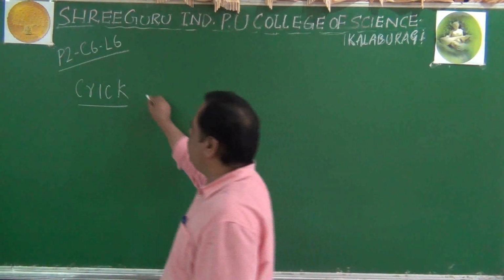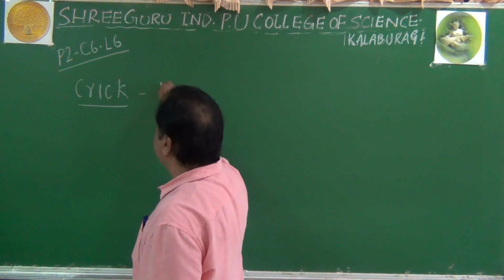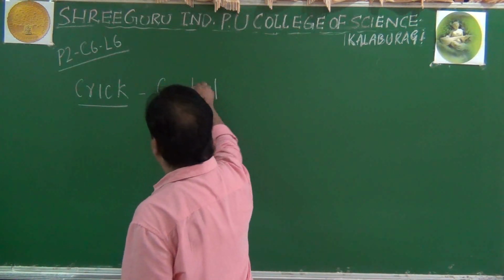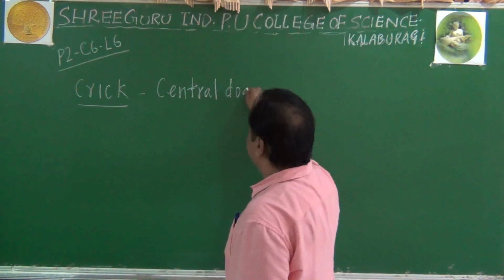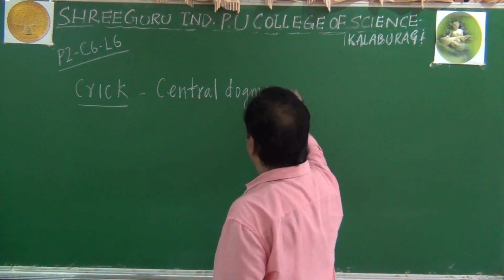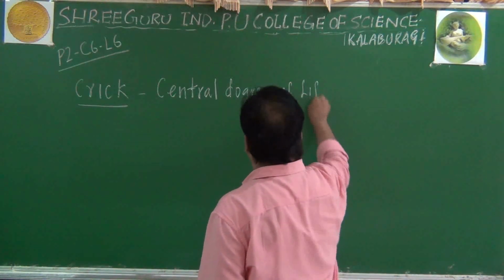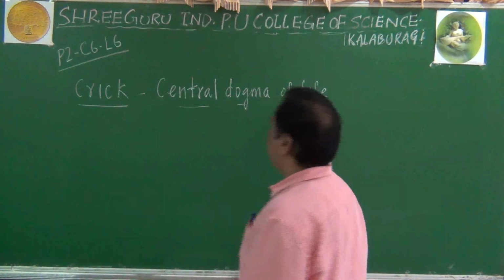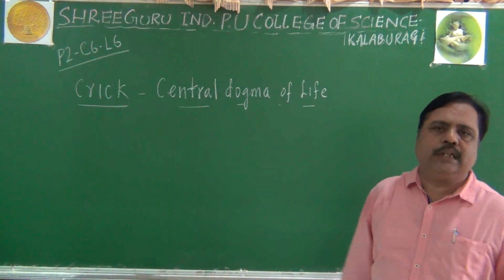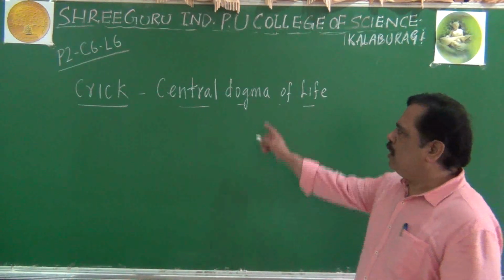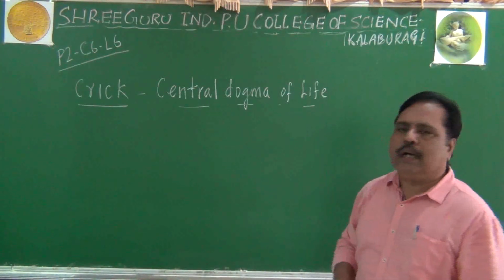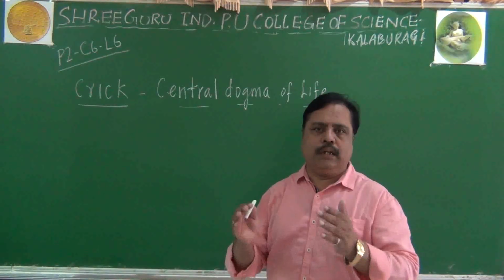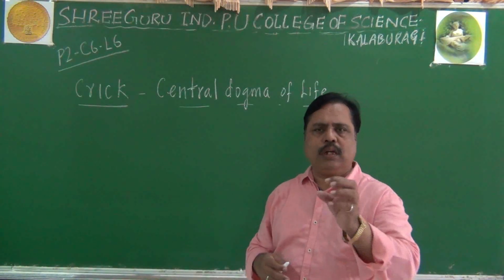That functioning of DNA is explained by Crick's idea called the central dogma of life. Central dogma of life was proposed by Crick. What is the meaning of this word central dogma? Dogma refers to a written or unwritten code of conduct.